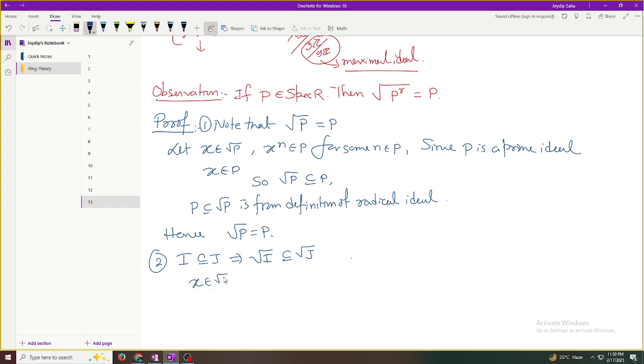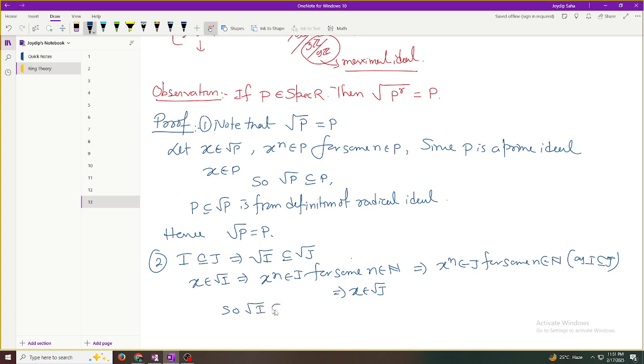X belongs to root I implies x to the power n belongs to I for some n. This implies x to the power n belongs to J as I is a subset of J. This implies x belongs to root J. So root I is a subset of root J.